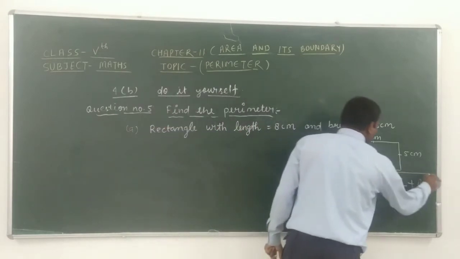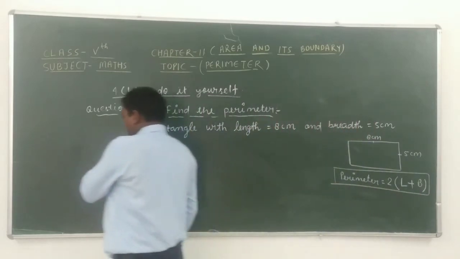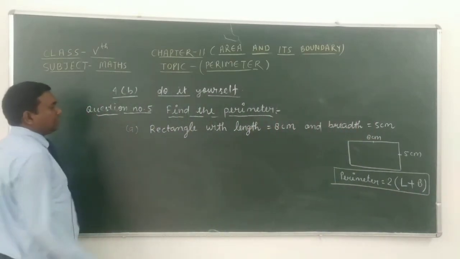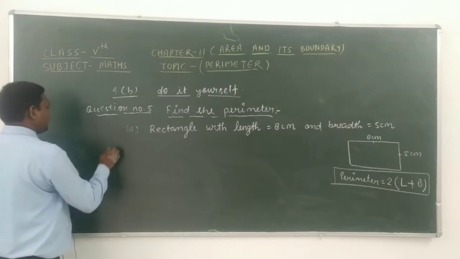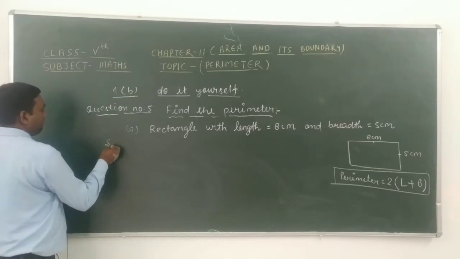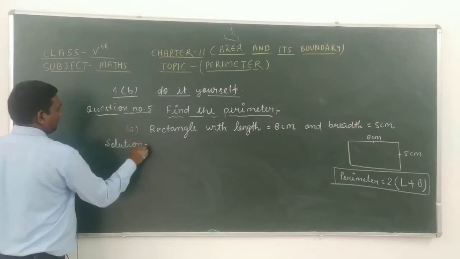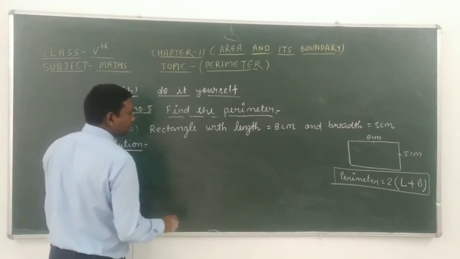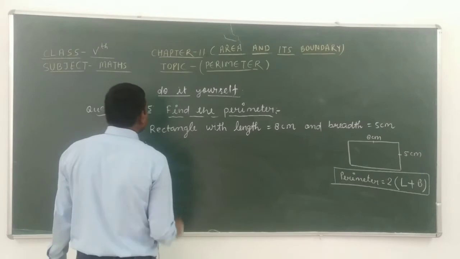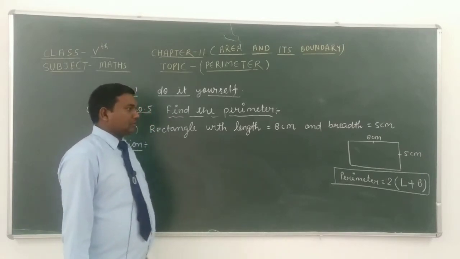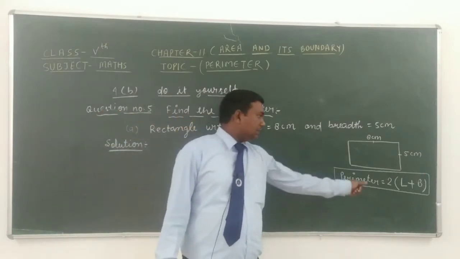Okay, we apply this formula in this question. Now let's start the solution of 5A. We know that perimeter is equal to 2 into length plus breadth.